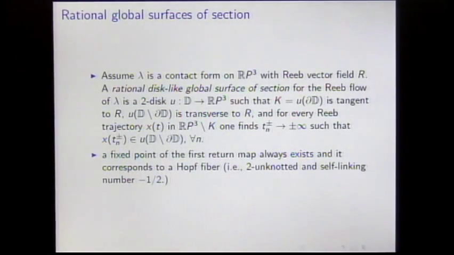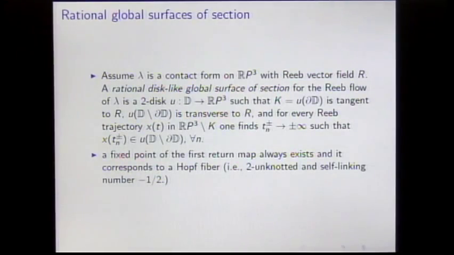And we are looking for a global surface of section. There is this rational word, which means a disk-like global surface of section for a Reeb flow on RP3, where lambda here is just one smooth positive function times the standard contact form.